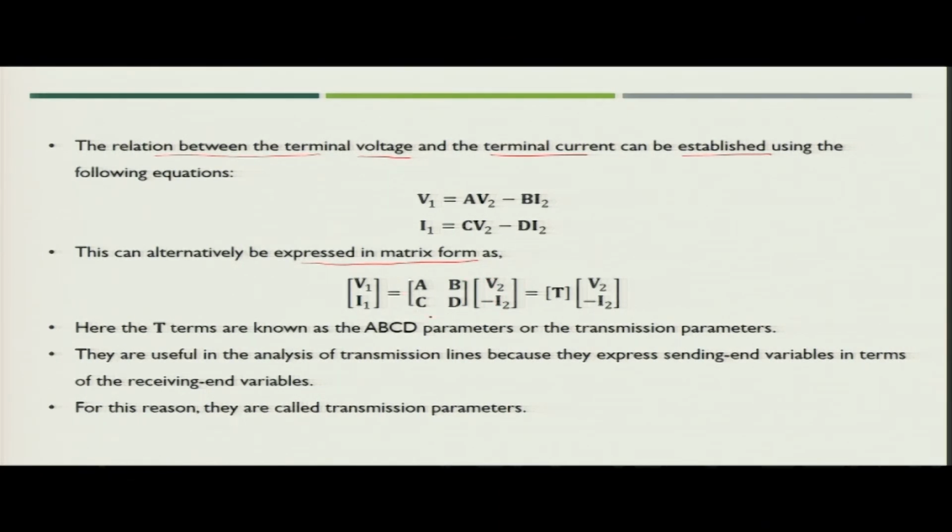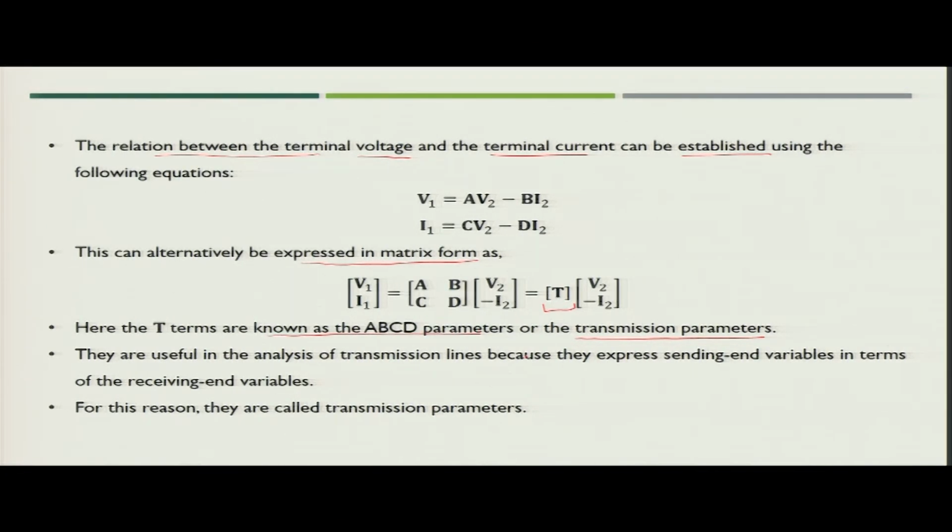In this case, ABCD can be written as capital T, and this defines the transmission parameters. Either you can write ABCD or you can simply write T; both represent the same set of ABCD parameters.